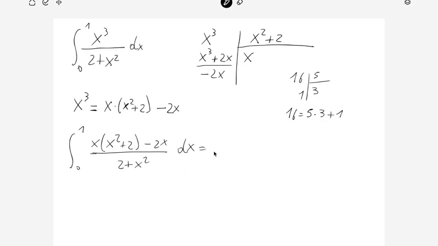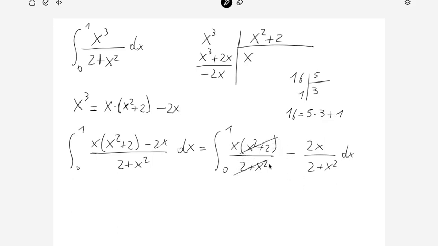Now we split the integral, the ratio. So we can write the ratio in this way, and we split it because now we can simplify this and this.